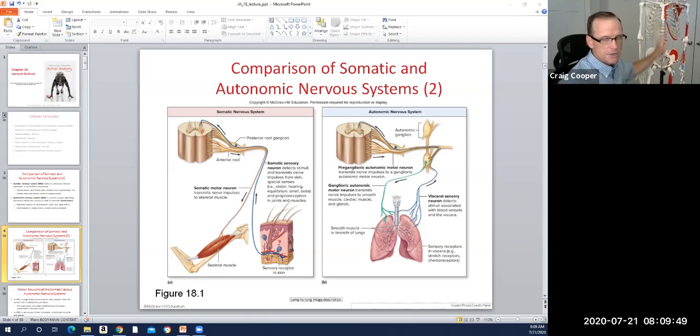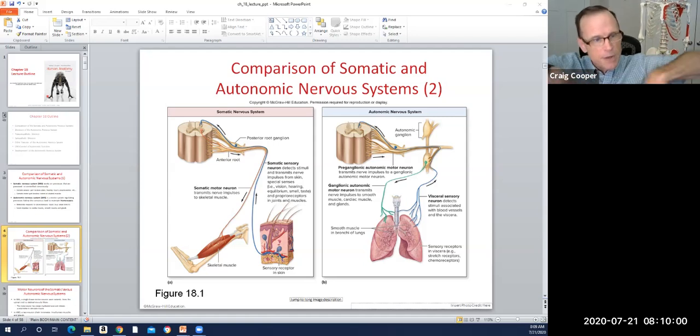It's going to connect into this grouping of neurons that are right there. So again, they're going to run parallel on either side, just in front of that spinal cord. So they're going to be well protected by the rib cage because they're inside the rib cage, and they're basically behind all of our internal organs.